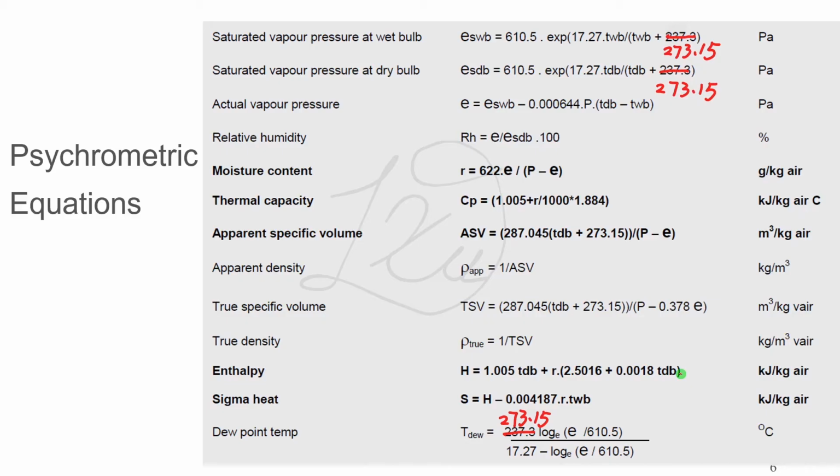If we know the dry bulb temperature, wet bulb temperature, and the absolute pressure of air mixture, we can use the equations listed on this slide to calculate the psychrometric properties of air mixture.